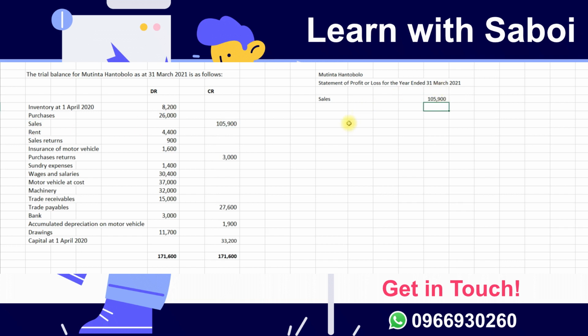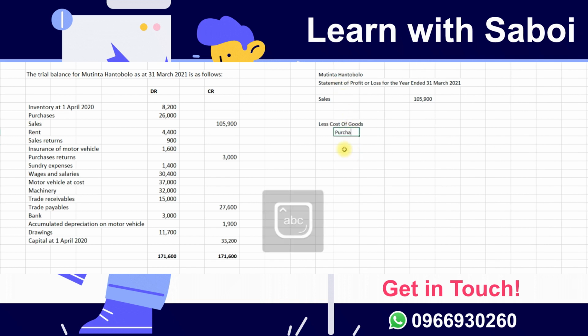What else follows? We less what is known as cost of goods. What falls under cost of goods? Very important. The following fall under cost of goods. The first thing is you need to talk about your purchases.